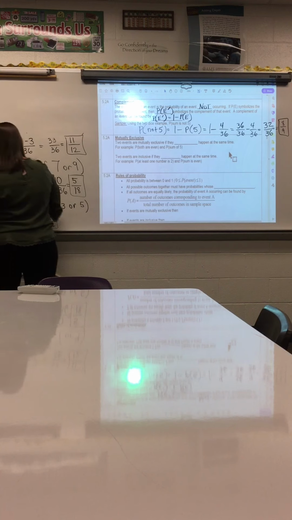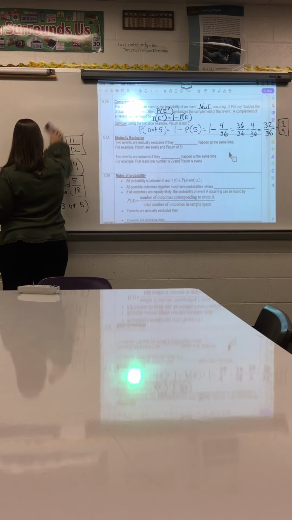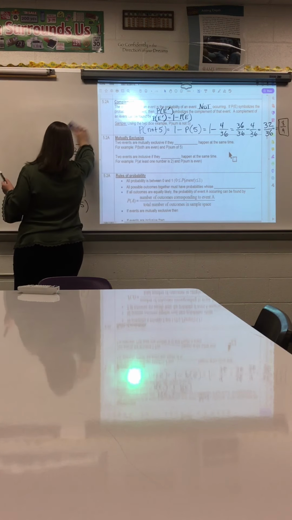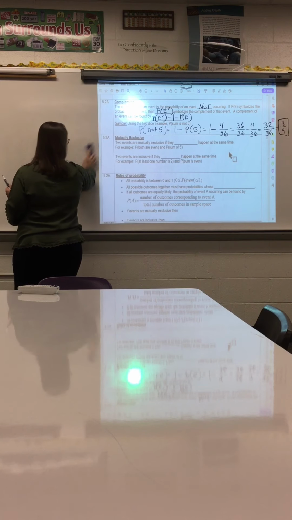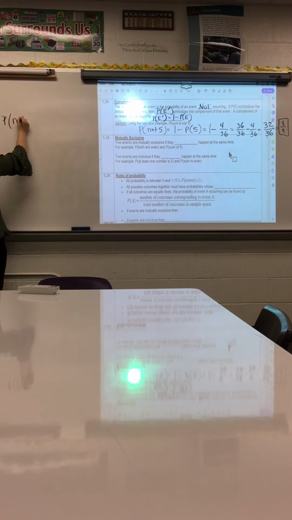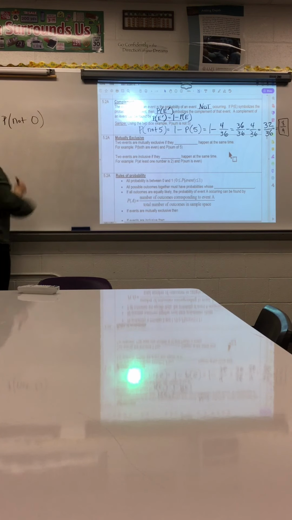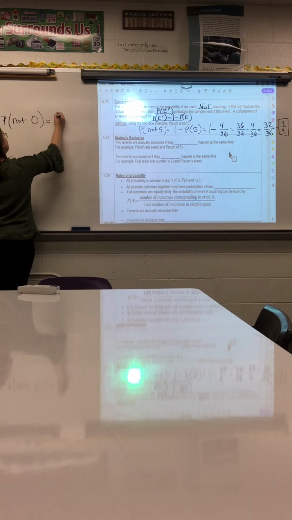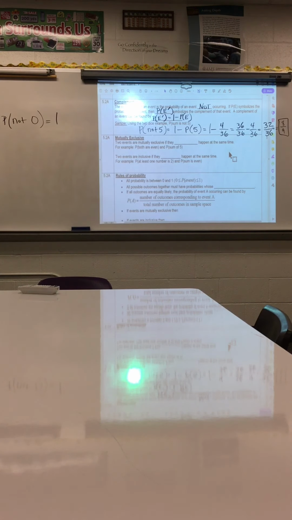Okay, just as an extra example, what is the probability that the sum is not 0? 100%. Are they all more than 0, or are they all not 0? So there are times where it is the whole sample space.